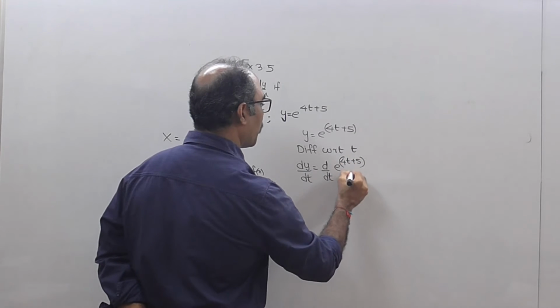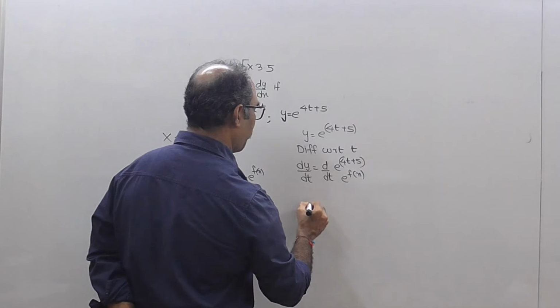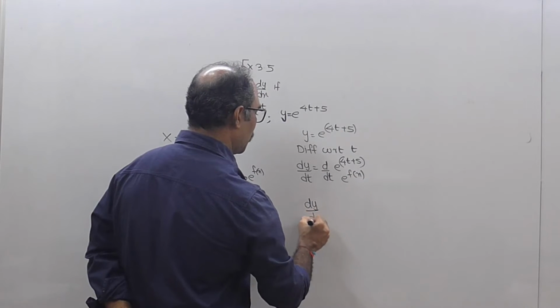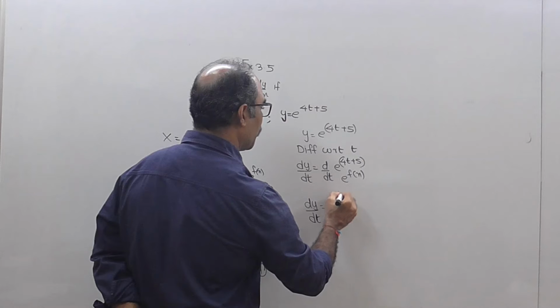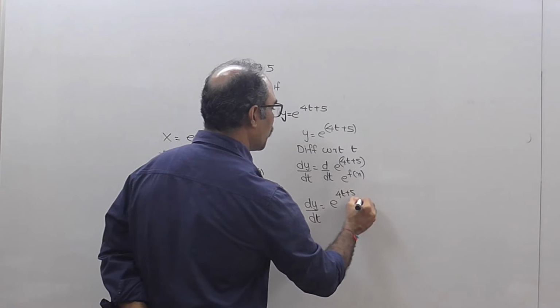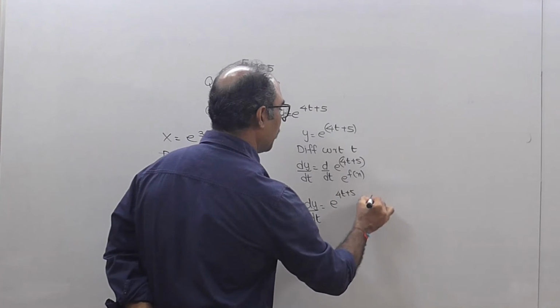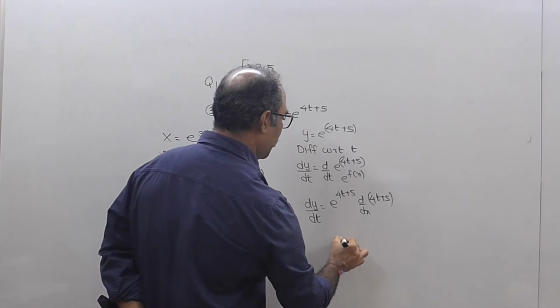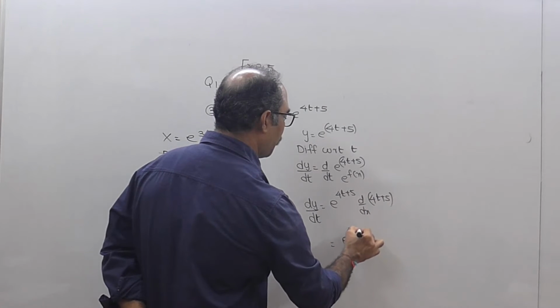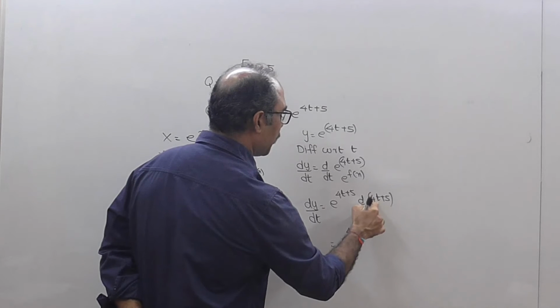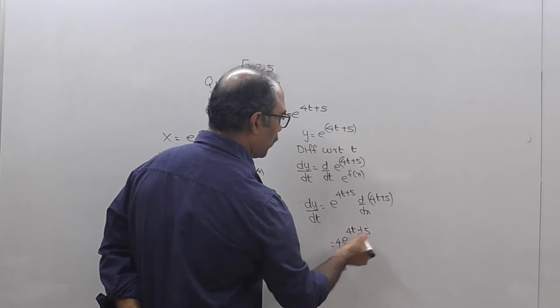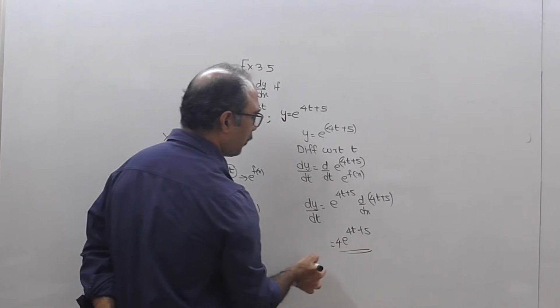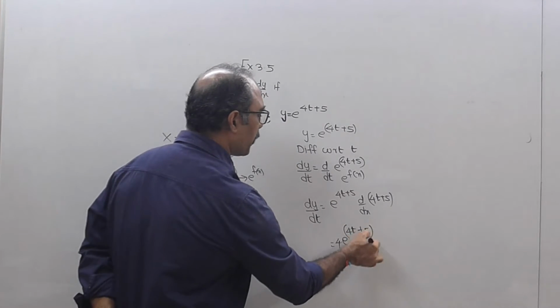This is in the form of e raised to f of x, so dy by dt will be e raised to f of x into d by dx of f of x. That means this will be e raised to 4t plus 5. The derivative of 4t is 4, and the derivative of 5 is 0. So the final answer will be 4 into e raised to 4t plus 5.